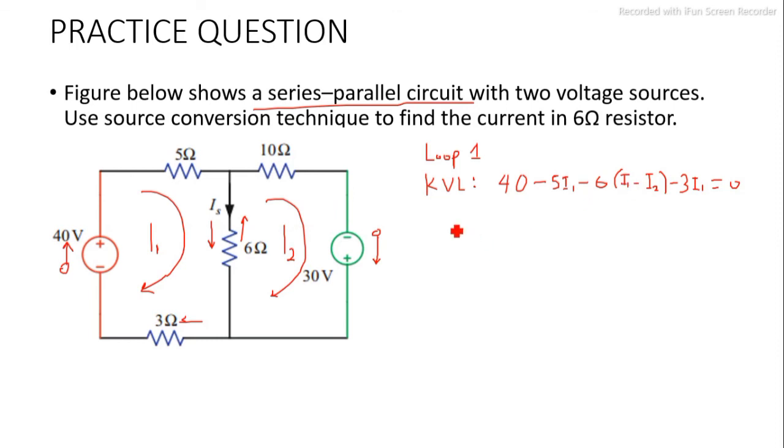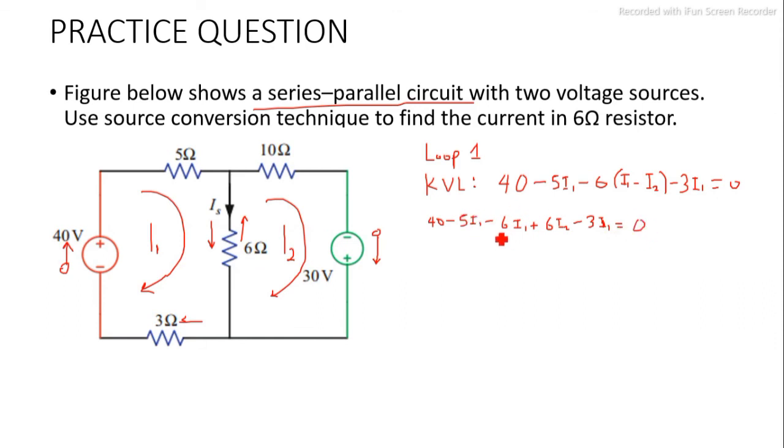So let's open the bracket. We're going to have 40 minus 5 I1 minus 6 I1. If you open this bracket, that's plus 6 I2, minus 3 I1, equal to 0.